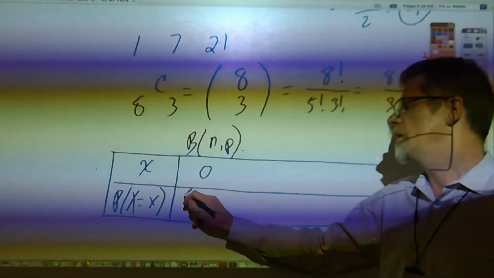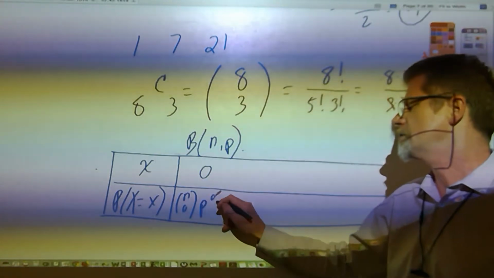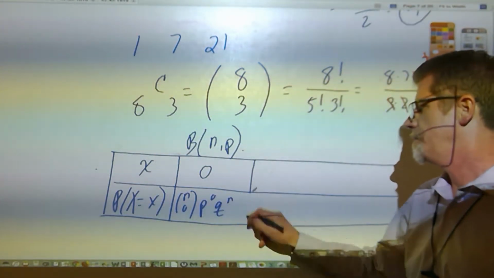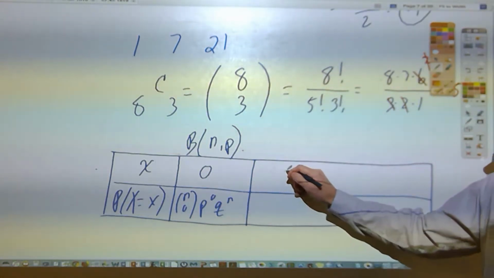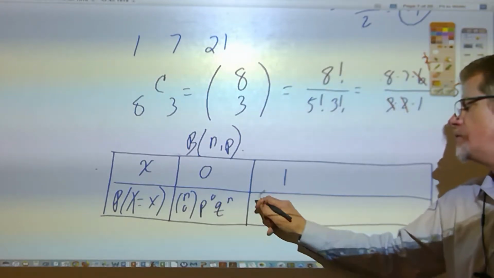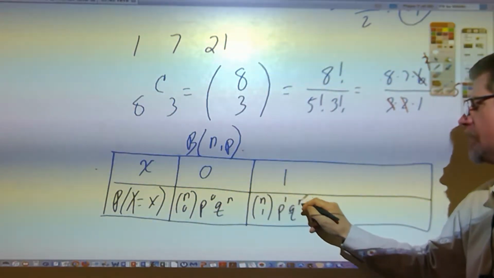So we have N choose 0, P to the 0, Q to the N. The next number in the binomial distribution is N choose 1, P to the 1, Q to the N minus 1.